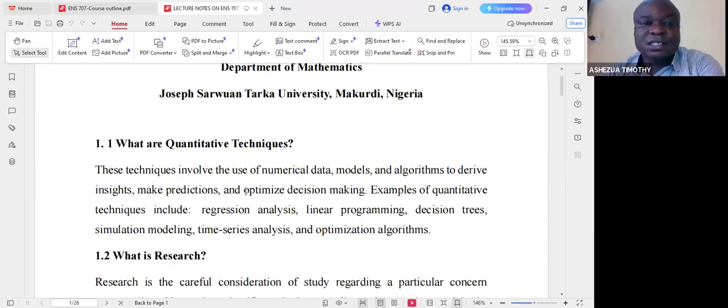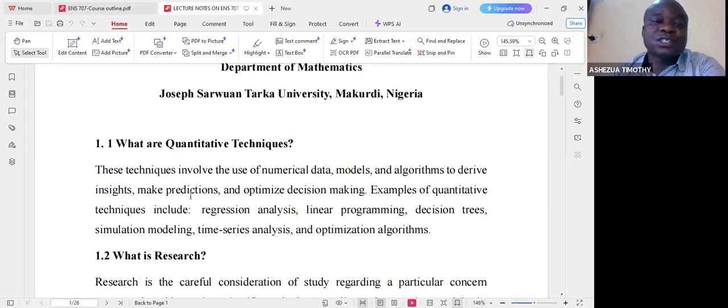These techniques involve the use of numerical data, models, and algorithms to derive insight, make predictions, and optimize decision making.